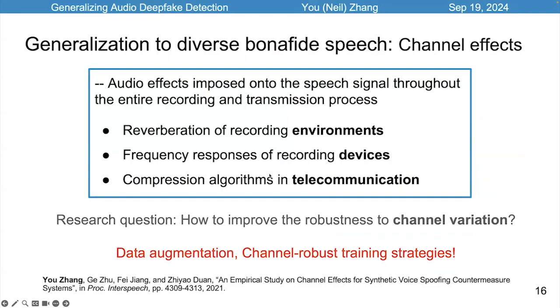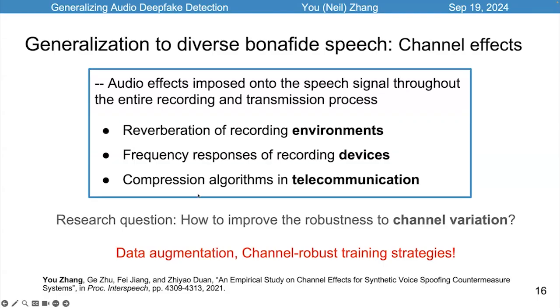And the next research question I dived into is how to generalize to more diverse bona fide speech, because in the previous data sets, all the bona fide speech is lab recorded, and all the spoofing attacks are generated based on that lab recorded speech. But when we want to use this system in the real world, we know that the audio recordings are quite noisy, or they are from everywhere.